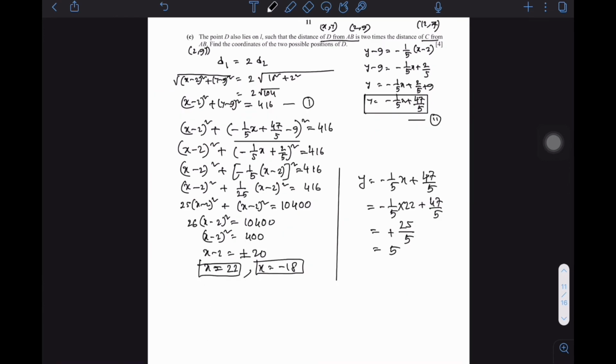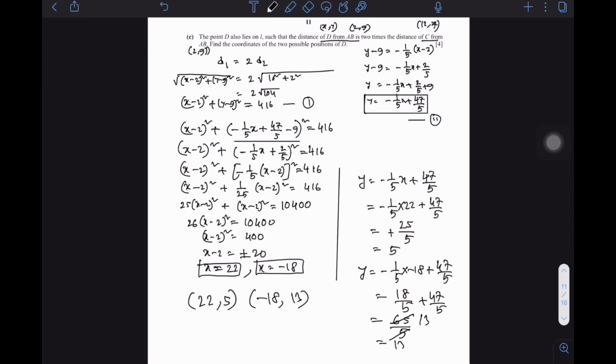Okay, x equals minus 18, y equals minus 1 by 5 into minus 18 plus 47 by 5. So it is 18 by 5 plus 47 by 5 and 5 13. So the answer will be 22 5. Possible values of position of D will be 22 5 and then minus 18 13.